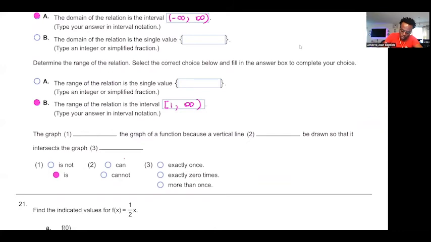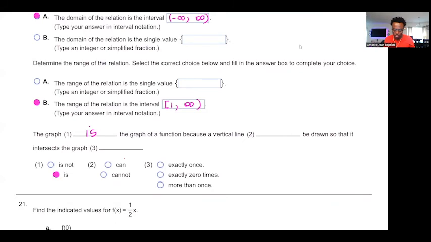And when you know it's a graph of a function, that means you see clearly there is no way a vertical line can be drawn to intersect this line more than once.